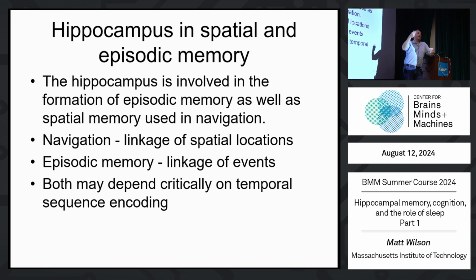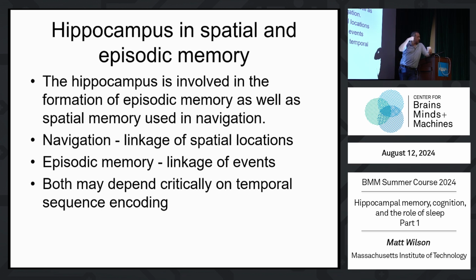In particular, episodic memory being that autobiographical memory about things that happened to me that carry a unique time signature, that is, unique sequences of events that can be recalled. So that's what makes up an episodic memory: linkage of events, context-dependent, autobiographical.